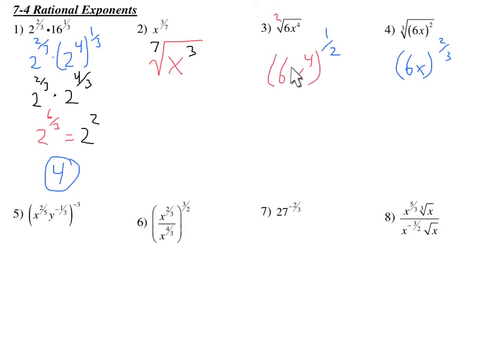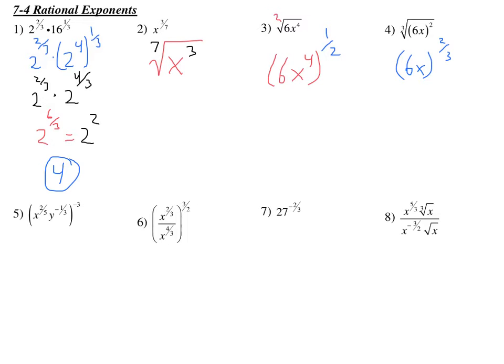And all we're doing is writing this as a fractional power, and this as a fractional power. Yes, we will learn how to simplify these. These do simplify, and we will get to that at some point. But for now, we're just learning how to convert back and forth. Here we're getting to a radical. Here we're going from a radical to a rational power, or a fractional power.